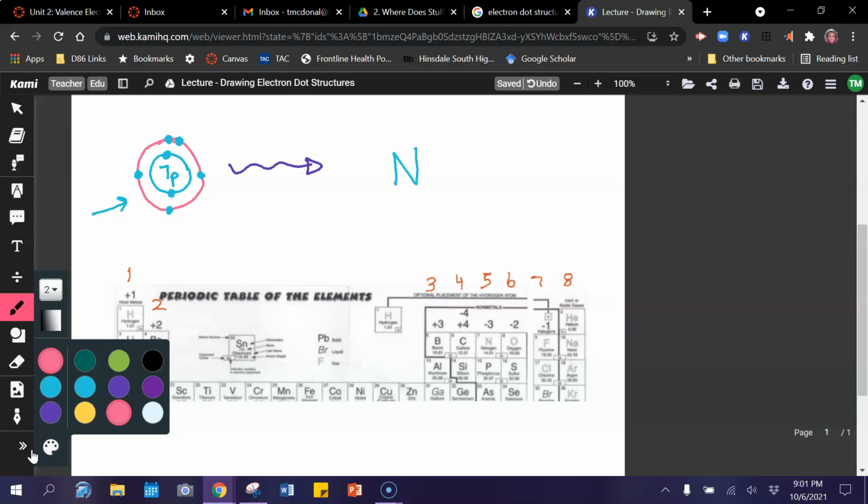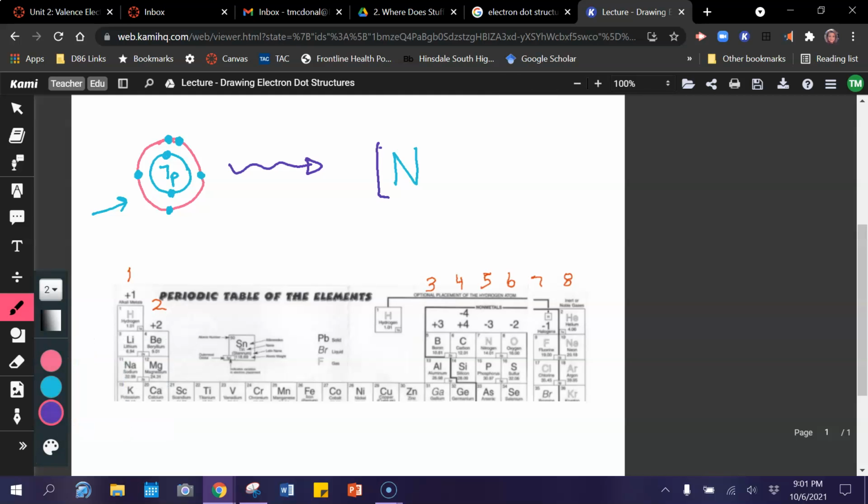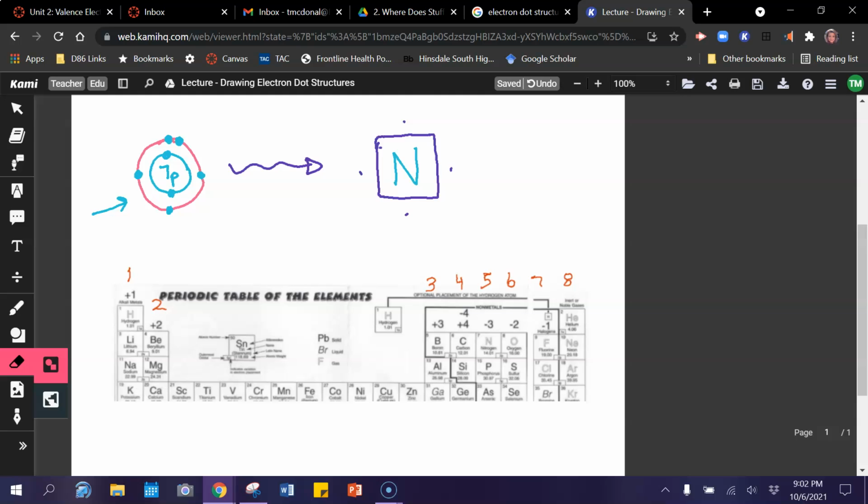So I have 5. Now I want you to pay very close attention to the pattern that I'm using when I place these electrons. You kind of have to think about your abbreviation being in a square box, and you're going to put 1 electron on each side first, and then you would continue on and double them up.